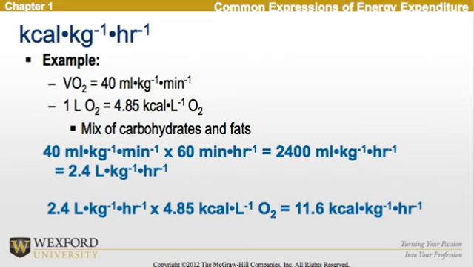So at 40 milliliters per kilogram per minute times 60 minutes per hour, we end up with a total of 2,400 milliliters per kilogram hour, which is also equal to 2.4 liters per kilogram hour. Now combining the calculations, we have 2.4 liters per kilogram hour times 4.85 kilocalories per liter of O2, which is equal to 11.6 kilocalories per kilogram hour.